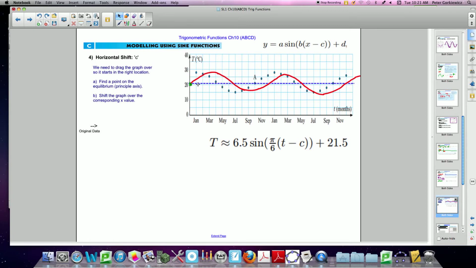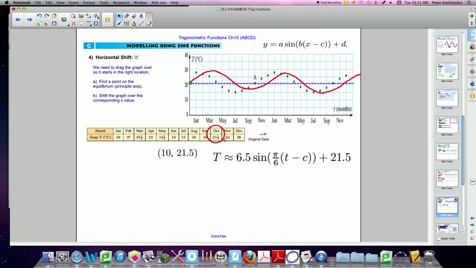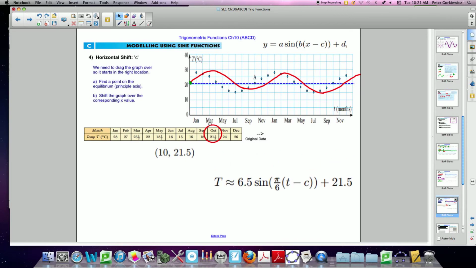Now I'm off a little bit because I did a pretty junky hand drawing with my computer mouse. So I want to take a point and just slide it. Here's some original data that I'm going to look at. I looked through my original data and found that in October I had a point on the equilibrium.